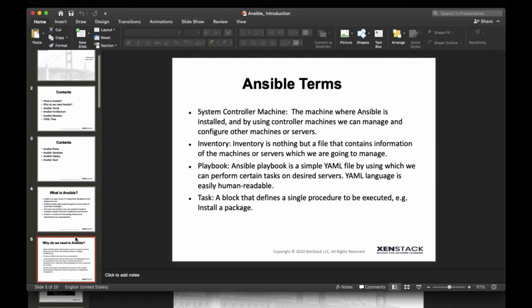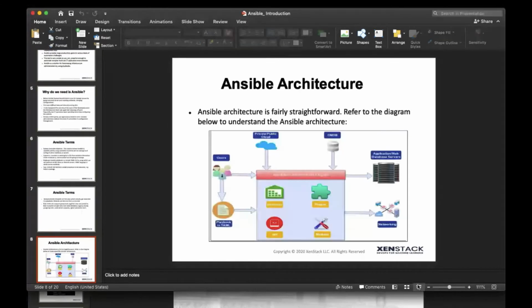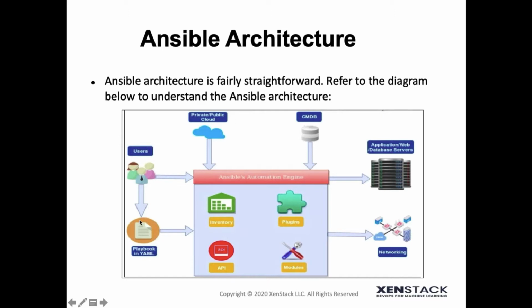So let me take you to the flow of the architecture here. Basically, this flow starts from the user queries. The user initially writes a playbook in a YAML configuration file, which makes use of modules in that playbook.